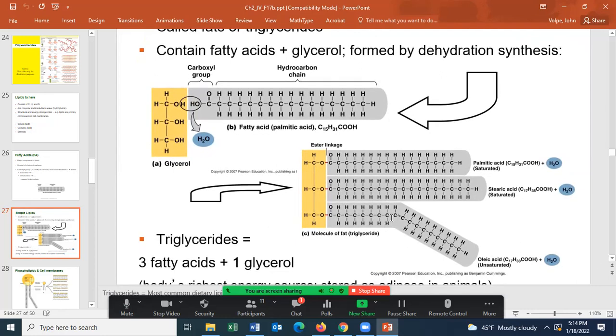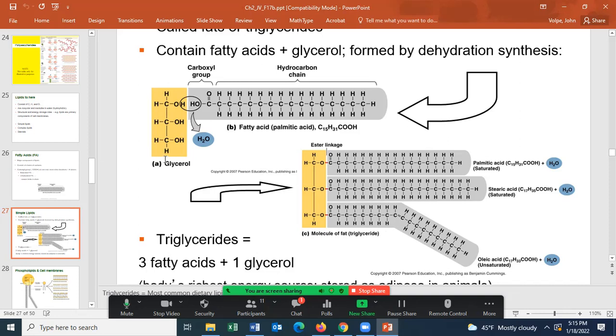A double carbon bond here creates a kink in the chain. And when we say all the links with carbon are possible on a saturated fatty acid, like here and here, as you see, there's only one hydrogen. And to get another hydrogen there, you have to break that double carbon bond and then attach a hydrogen here and a hydrogen here.